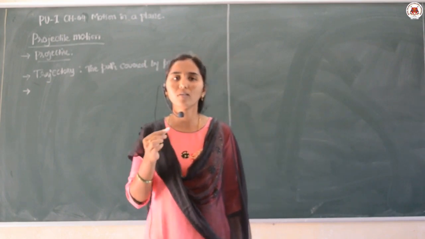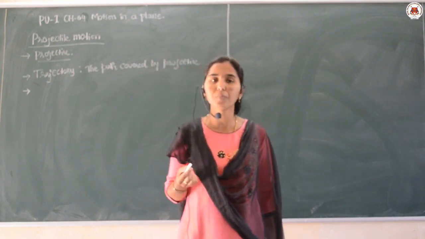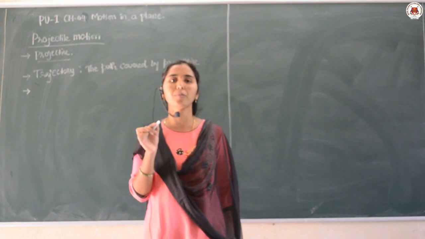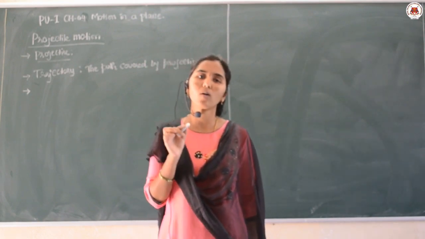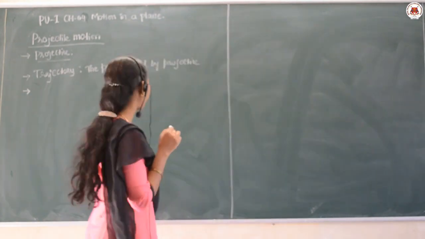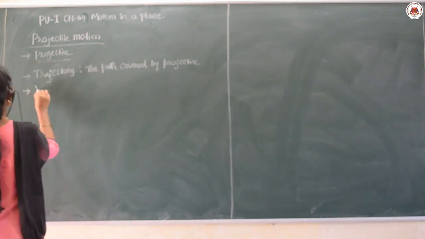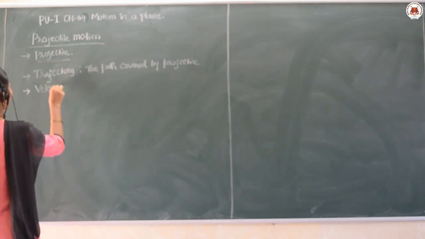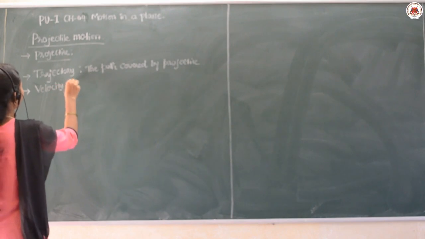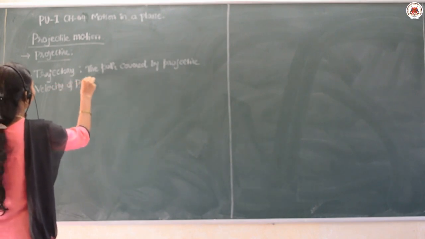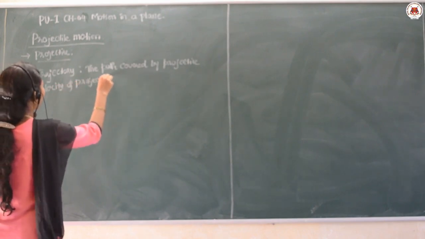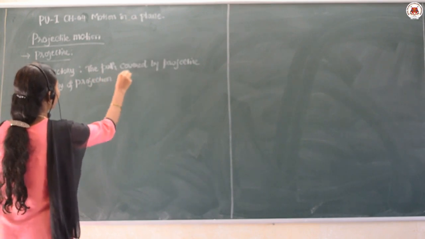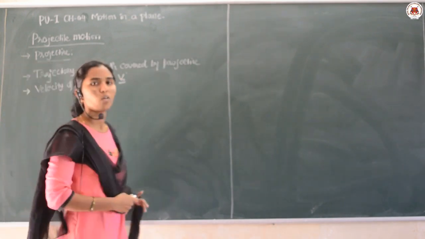The projectile is thrown with an initial velocity. The velocity with which a projectile is thrown upward is called the velocity of projection. What is it called? Velocity of projection. This is denoted by the initial velocity V naught.